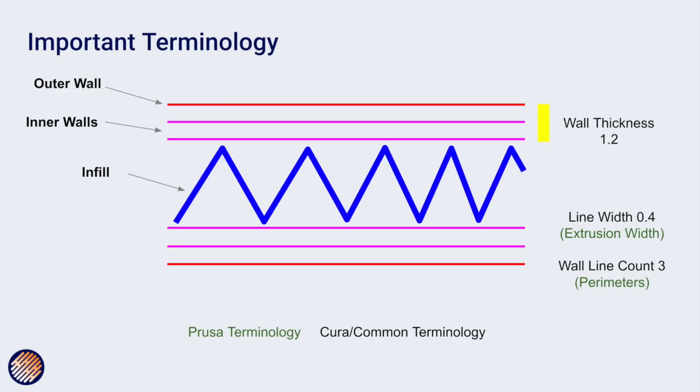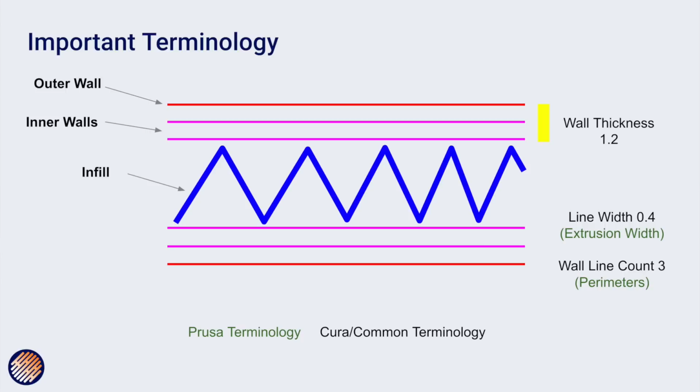And you'll see that on this particular print. So the outer wall is orange, the inner walls are purple, and the infill is blue. And you can pick different infill patterns to fill that blue area. Now, in the case of Prusa, they don't call them outer walls, inner walls, and lines.